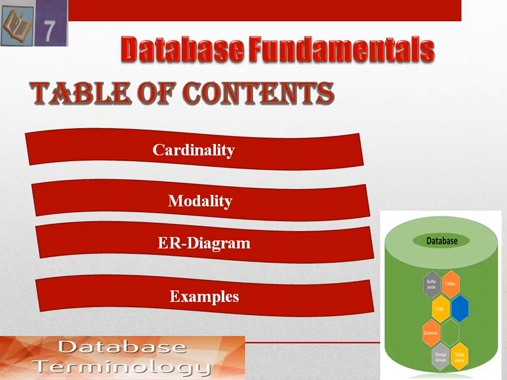Cardinality refers to the maximum number of times an instance in one entity can be associated with an instance in the related entity, and modality refers to the minimum number of times an instance in one entity can be associated with an instance in the related entity.